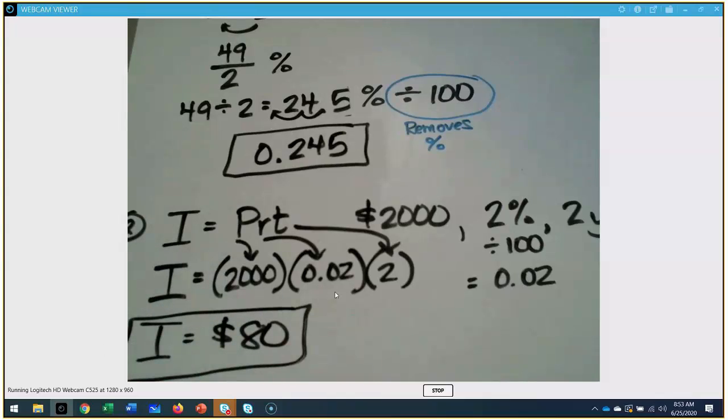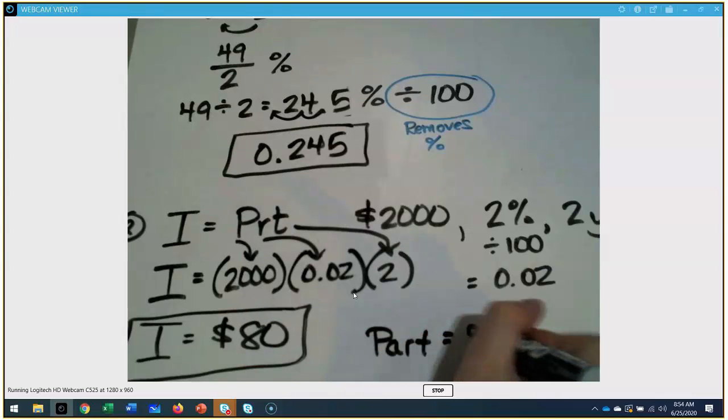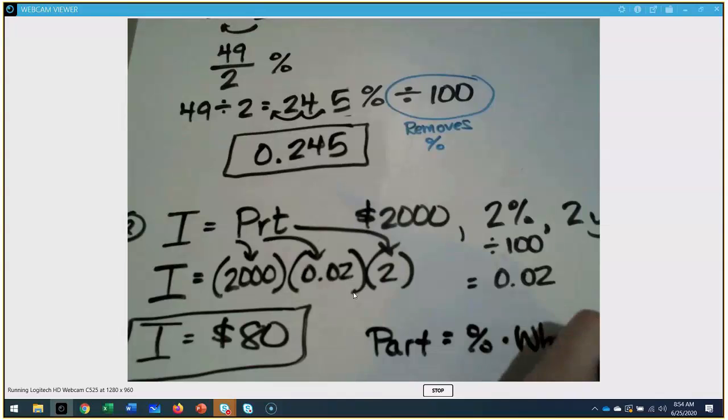Okay, converting the rate is the thing that people forget to do. And make sure, we talked about this a while ago, when you use the percent equation, only a few of you said that you preferred this way.